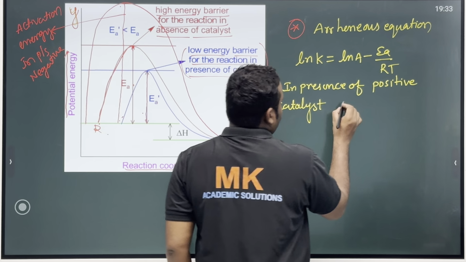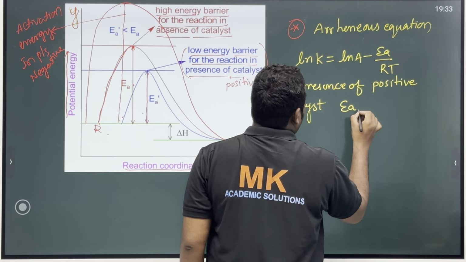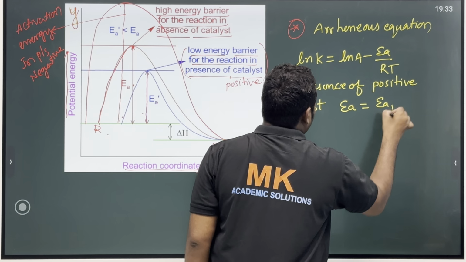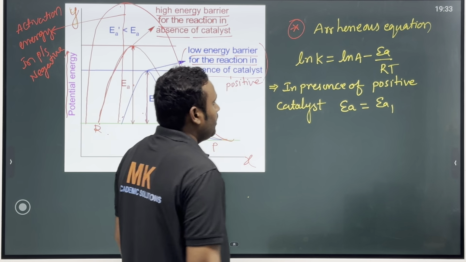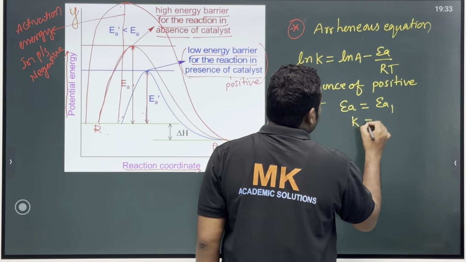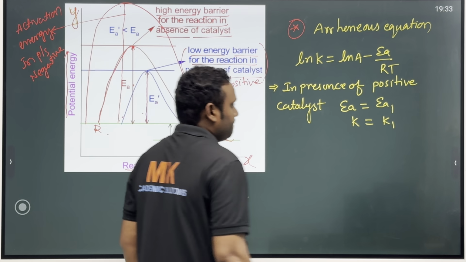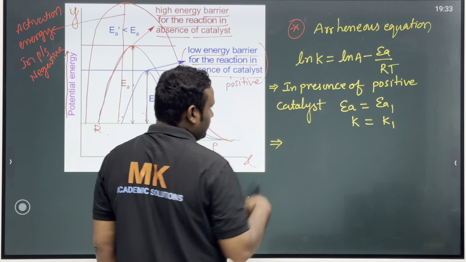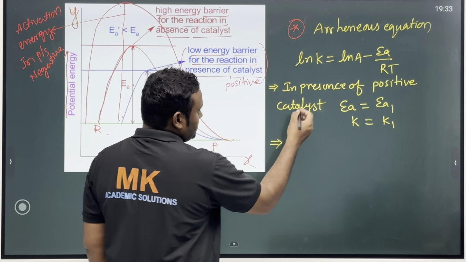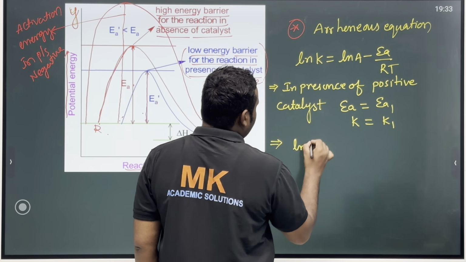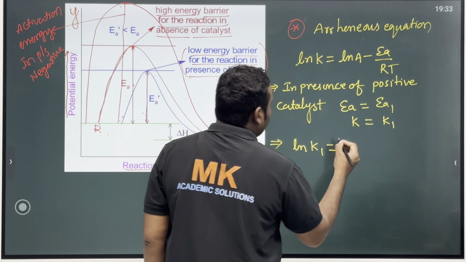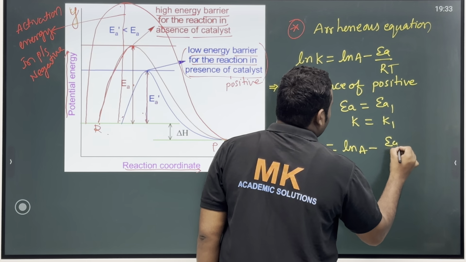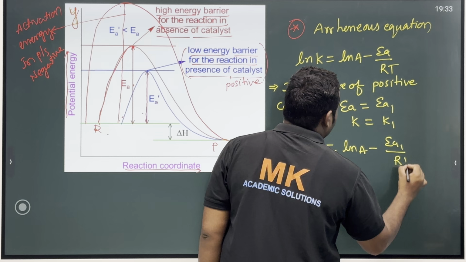So let us consider activation energy EA equal to EA1 and K equal to K1. In this case the equation is ln K1 is equal to ln A minus EA1 by RT.